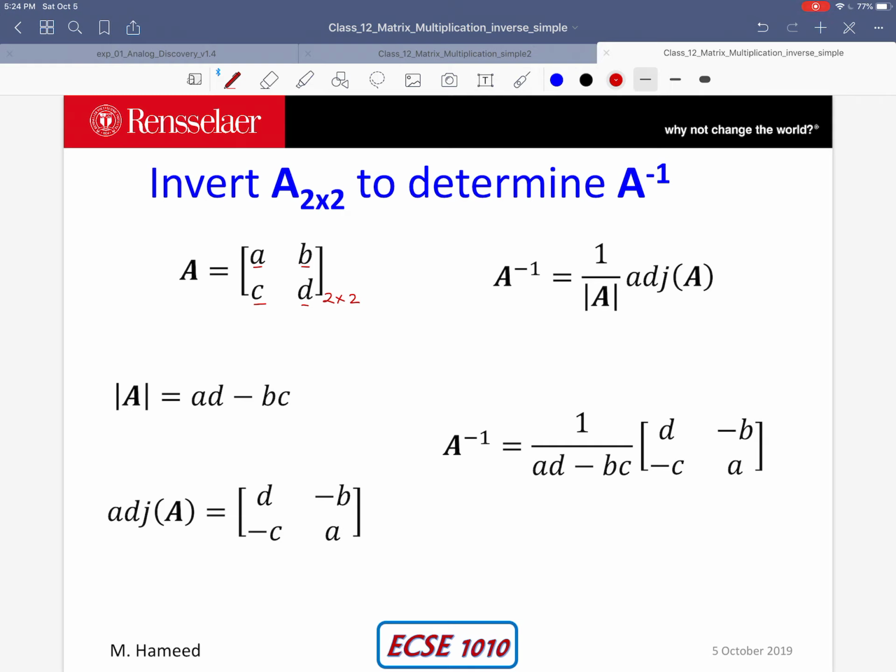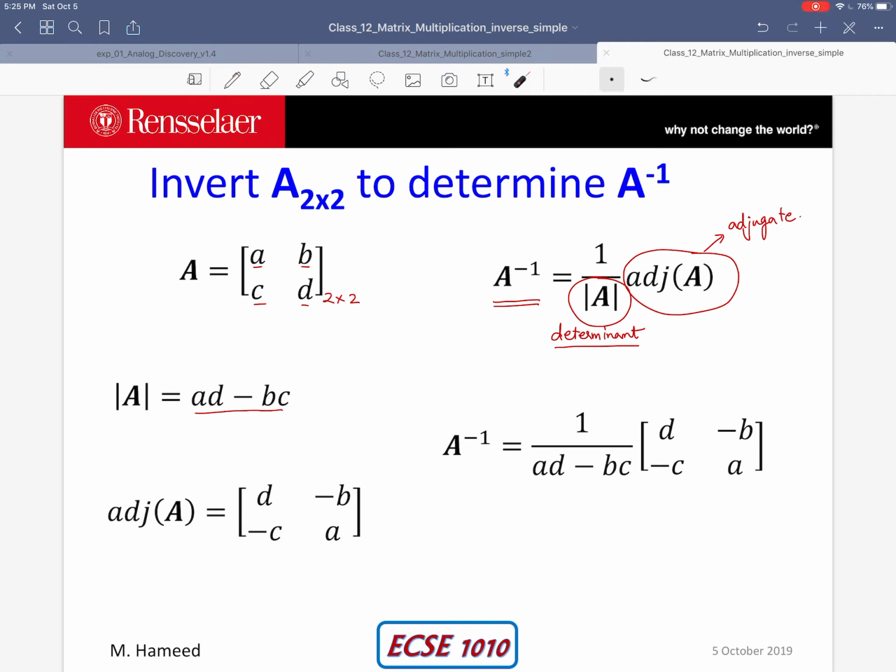Now if I want to find the inverted A or A inverse, I need to find the determinant and also the adjugate of A. So that's the determinant and that's the adjugate of A. Determinant of matrix A is simply AD minus BC.